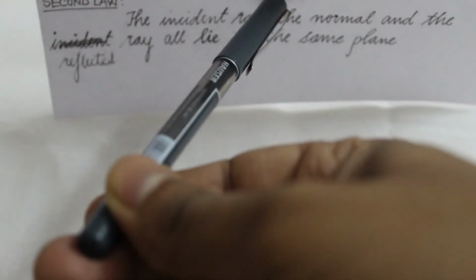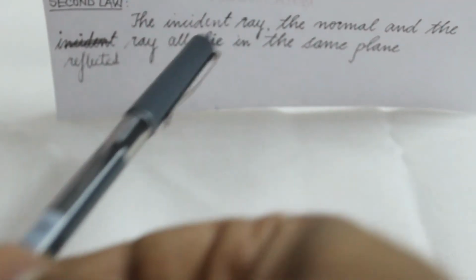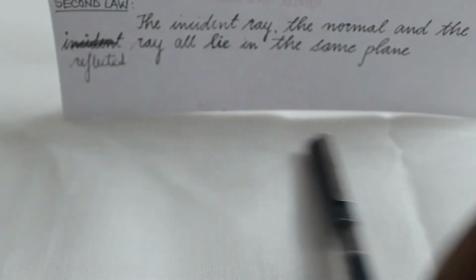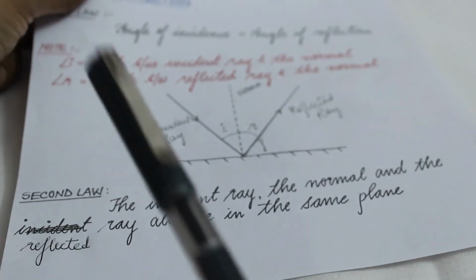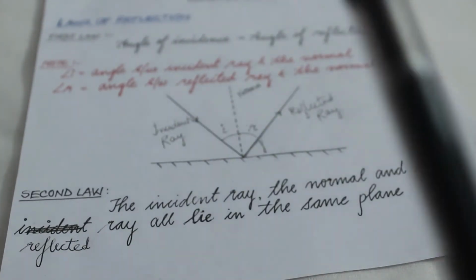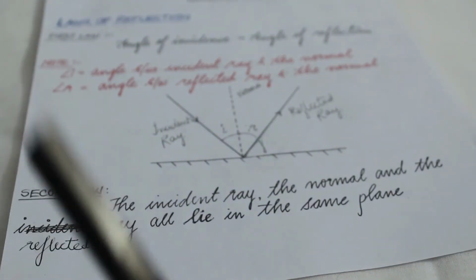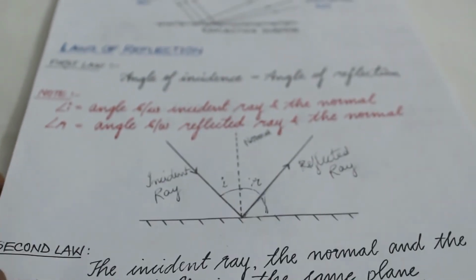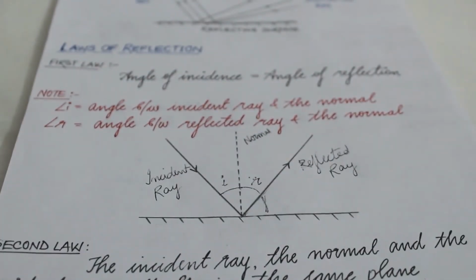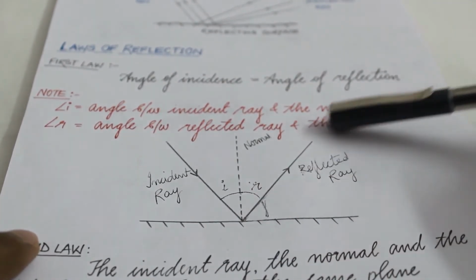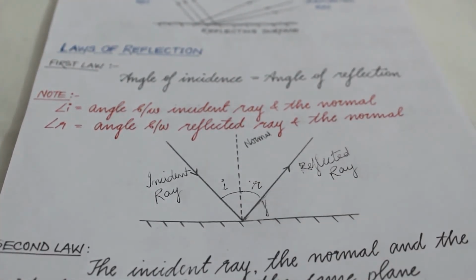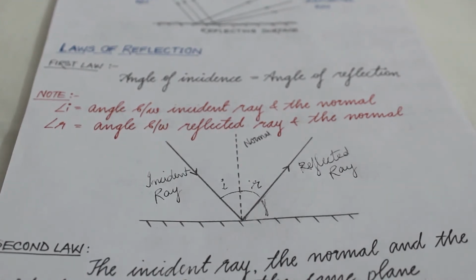It will get reflected back in this way only, as it can't change its plane. So the incident ray, the normal and the reflected ray all lie in the same plane. If this is the plane of the incident ray, this has to be the plane of the reflected ray. This is the second law of reflection.